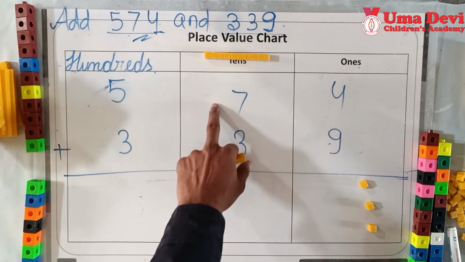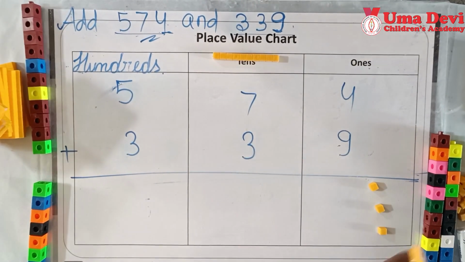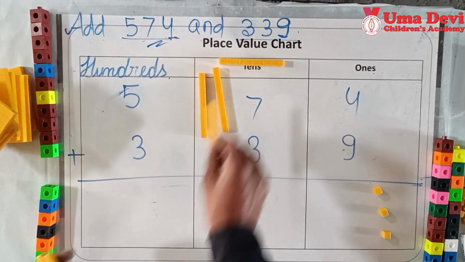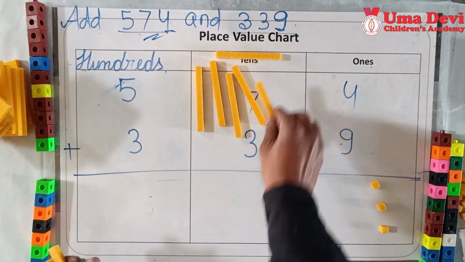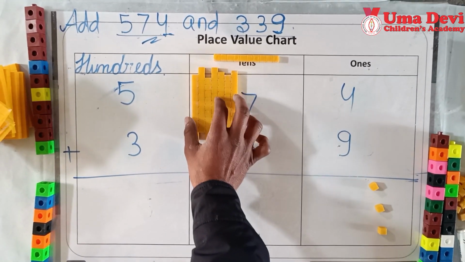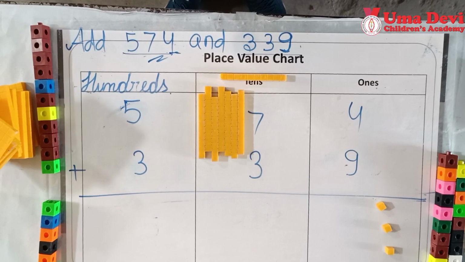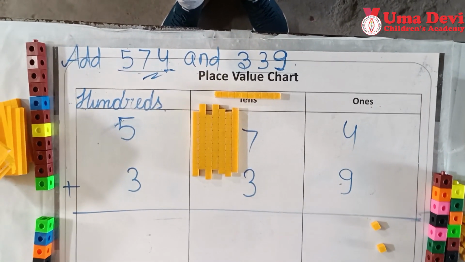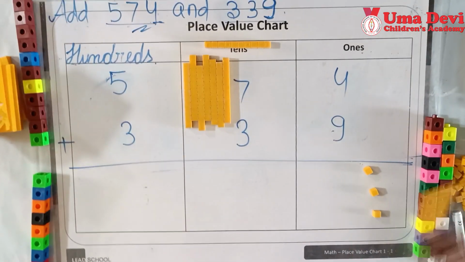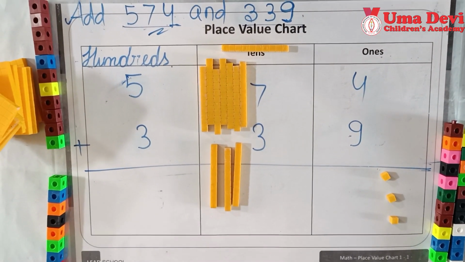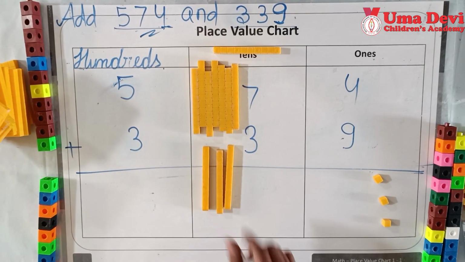So how many tens are there? Here is 7. So we will put here 7 tens. 1, 2, 3, 4, 5, 6 and 7. 7 tens blocks. And for this 3 we will put here 3 tens blocks. 1, 2 and 3, right? So look here, these are 3.